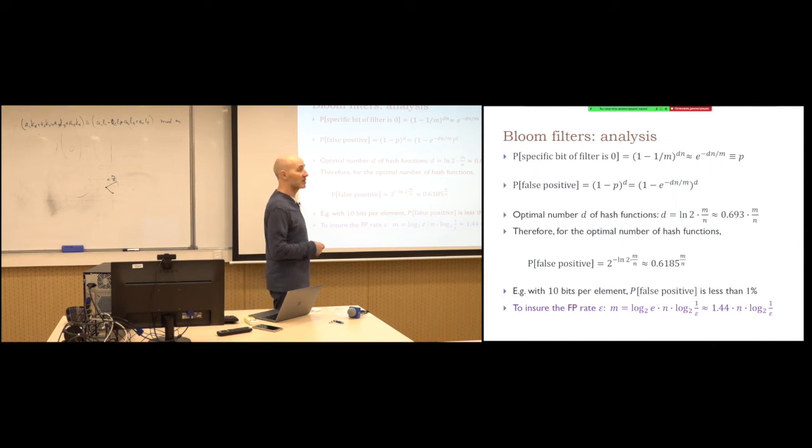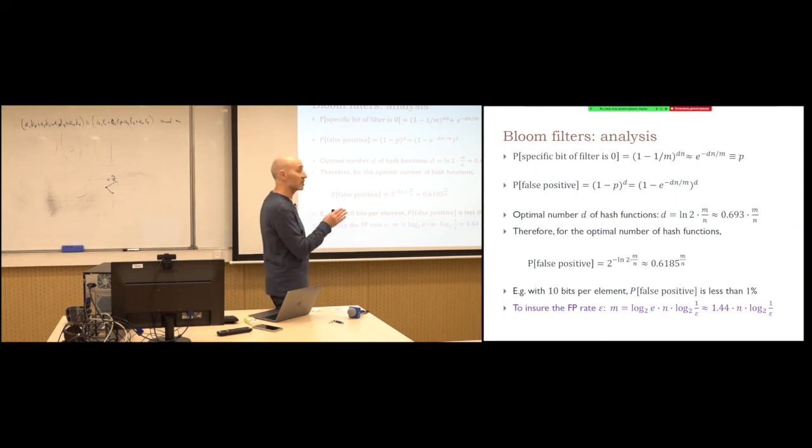Are you convinced? I don't understand why you make it with exponential functions. You can just say dn over m if you select a random bit. No. We want to compute the probability that a bit is 0, that it has not been hit. It's a fixed bit, but you're interested in a random bit.